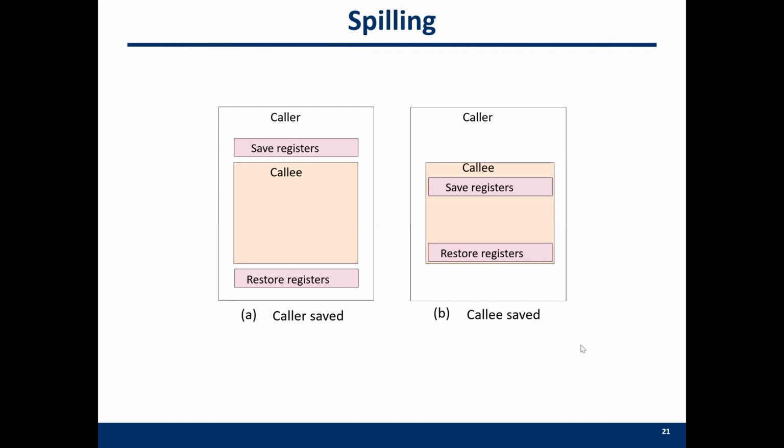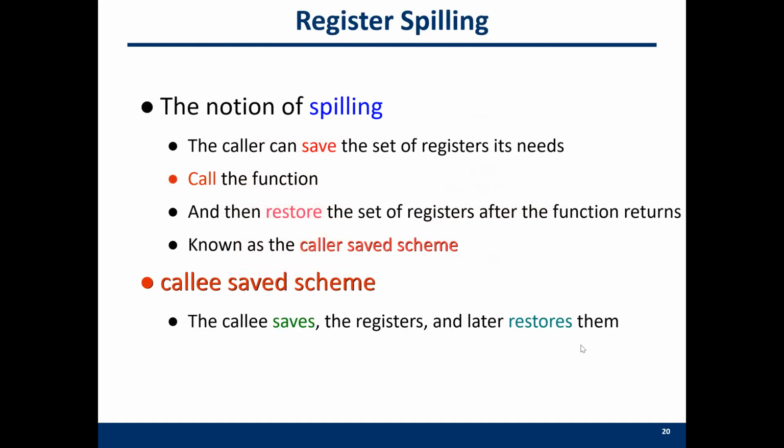But the point here is that you only have a limited number of registers. In this simulator, you only have 16 registers. On a real machine, you may have more, but again, they are limited.